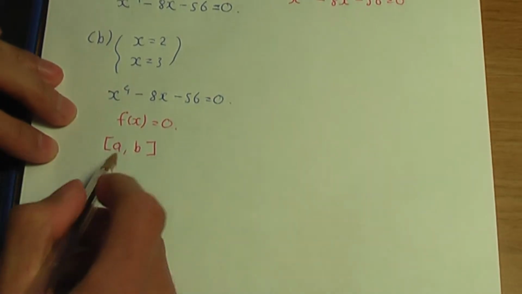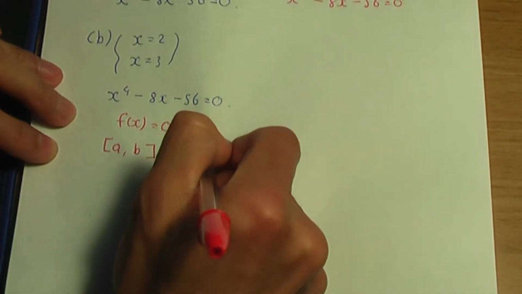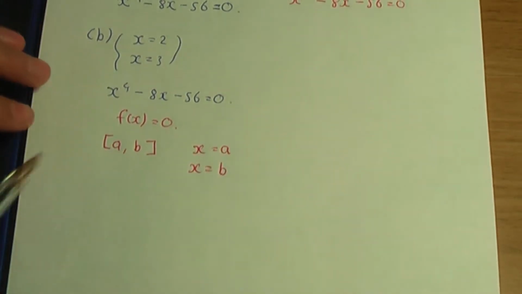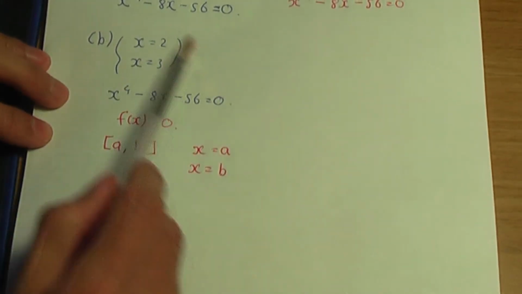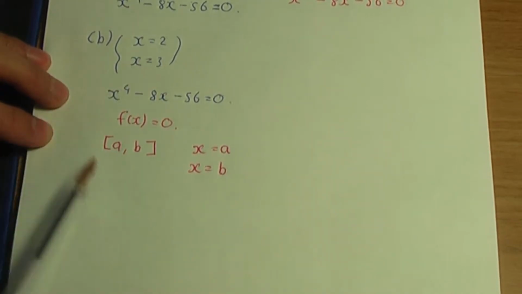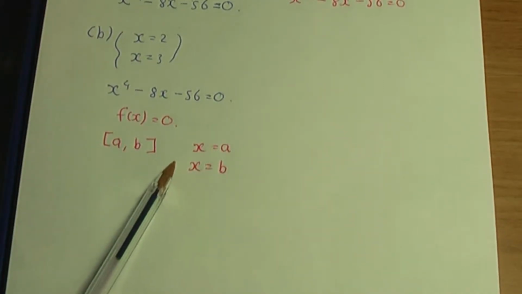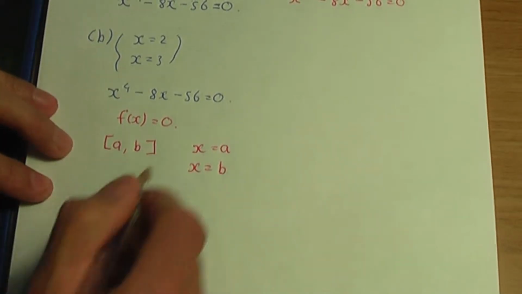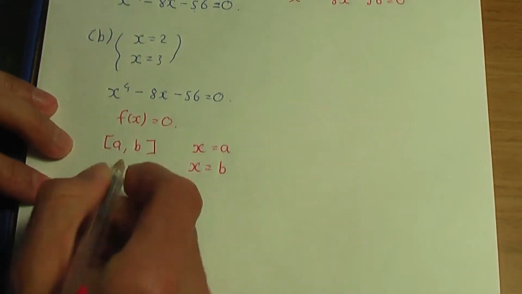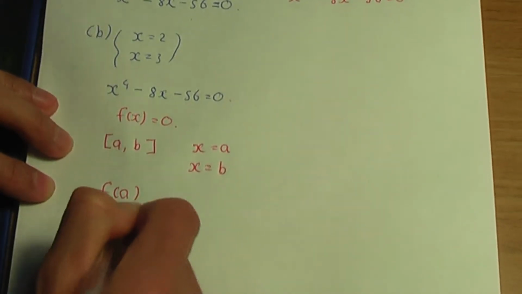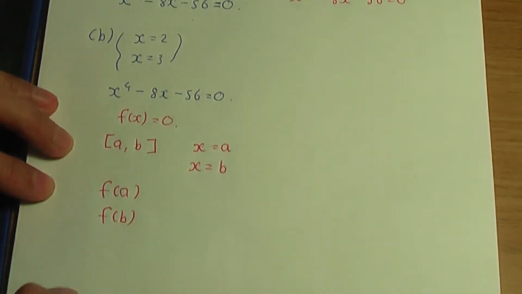You can either have an interval like this, or you could have 2 values of x being given, as in part B. In that case we need to calculate f(a) as well as f(b).